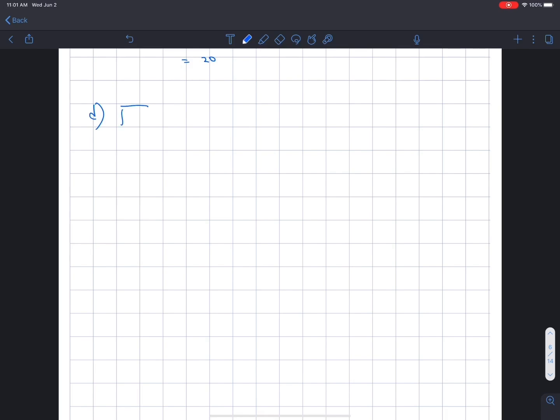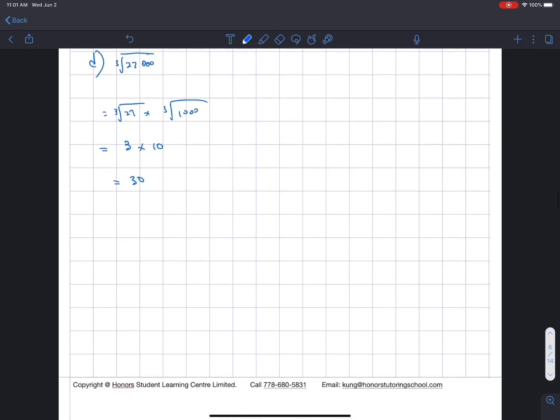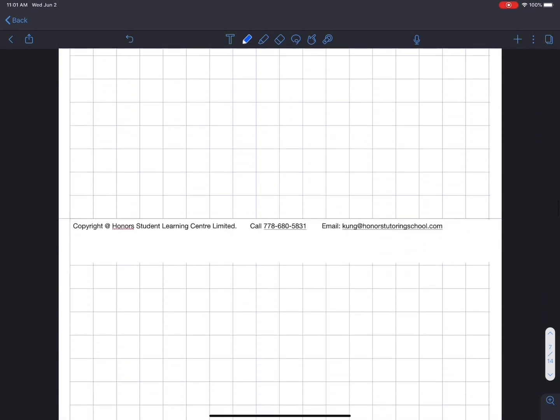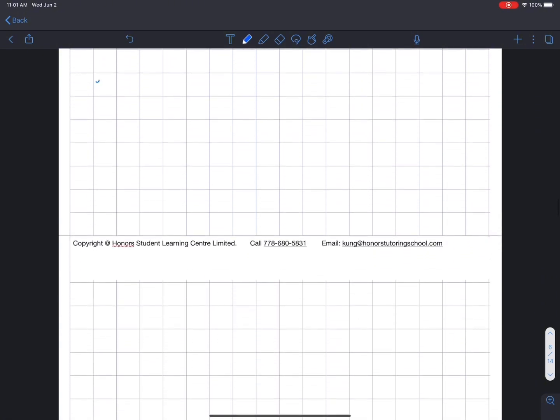D, cubic root of 27,000. So again, we can take out the 1,000. The cubic root of 27 is 3, and the cubic root of 1,000 is 10, and we get 30. And E. We have cubic root of 1728.